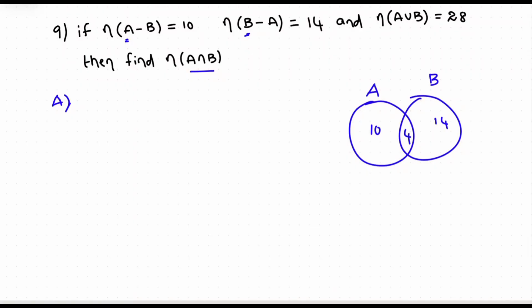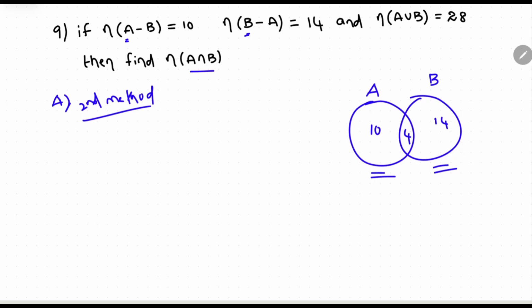We are having the number of elements of only A and only B, and the number of elements of A union B, that is 28. So we are dealing with method 2.